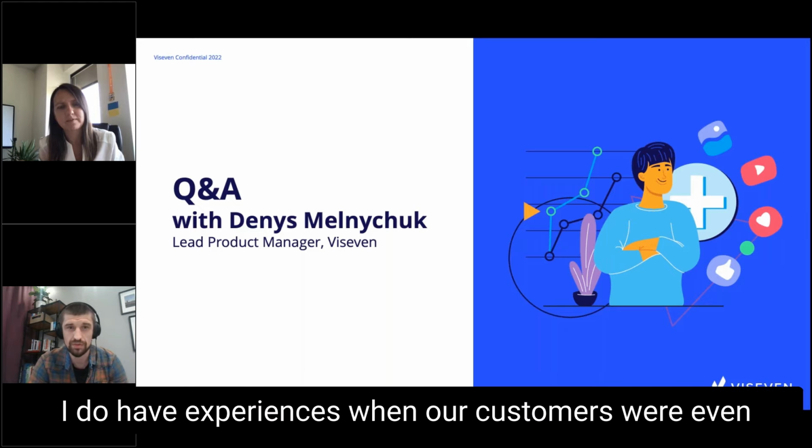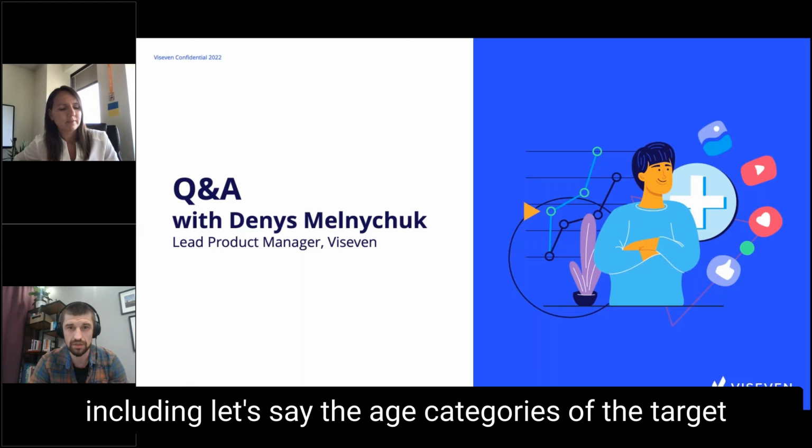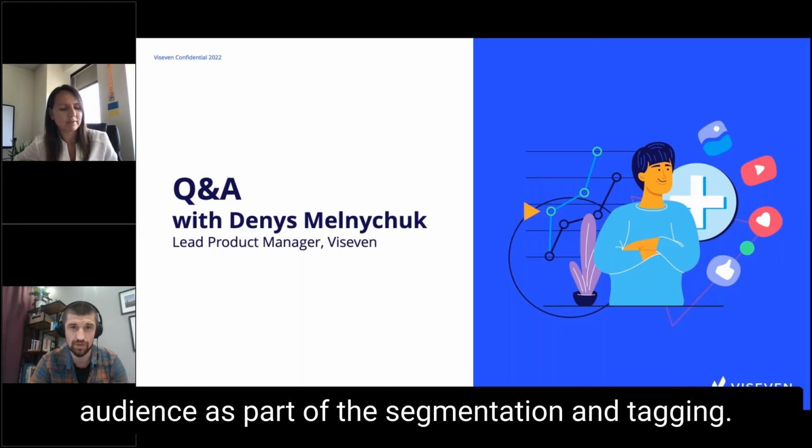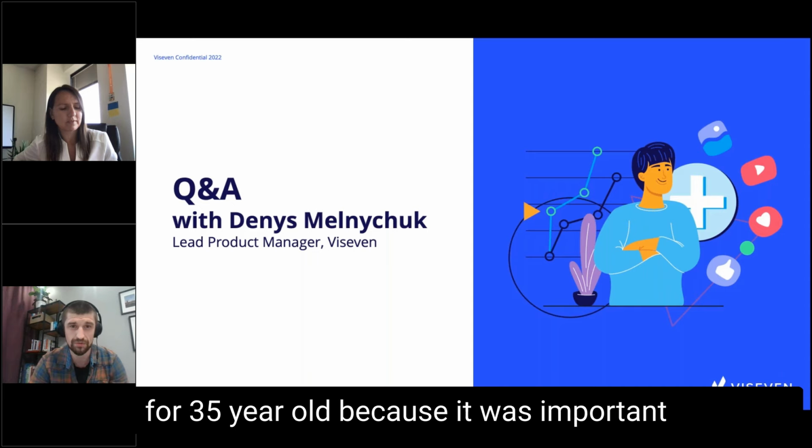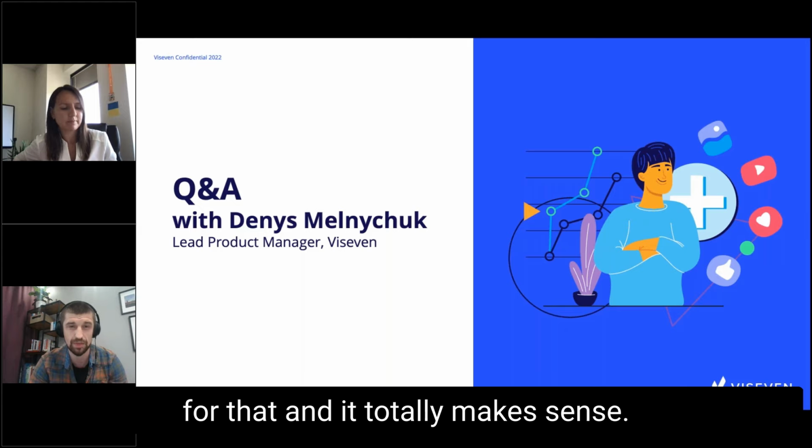I do have experiences when our customers were even including, let's say, the age categories of the target audience as part of the segmentation and tagging. So they wanted to know that this is the content for an 11-year-old, or a piece of content for a 35-year-old, because it was important for them, and it totally makes sense.